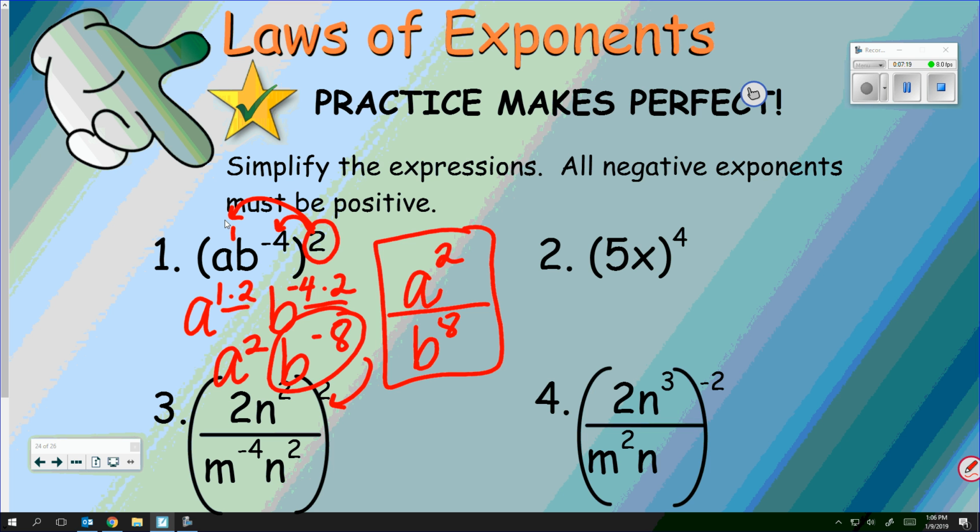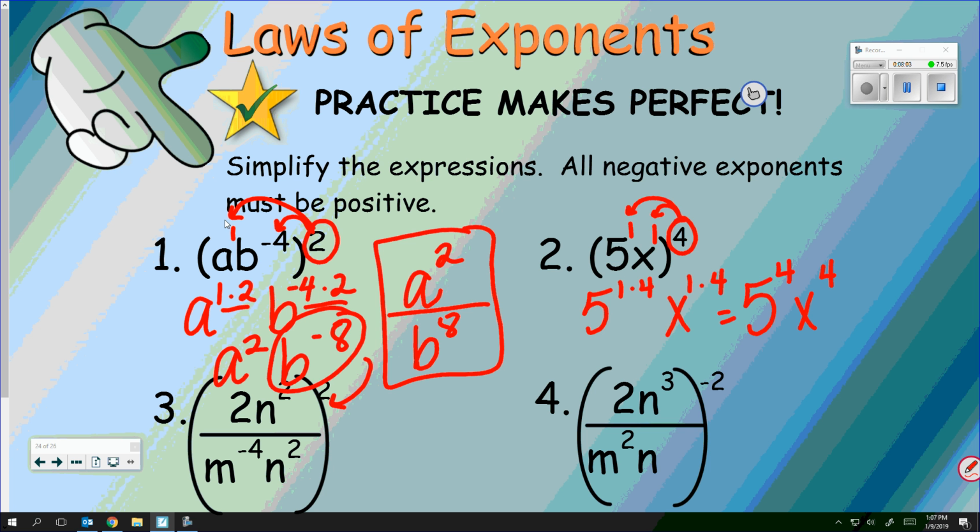Okay, for number 2. Do all of our terms have an exponent? No, we don't. Neither one of them do, actually. So we're going to add a 1 as an exponent to that 5, and a 1 as an exponent to x. So now that all of our terms have an exponent, we're going to take this 4 and distribute it to both of those terms. So we have 5 to the first power times that 4, and x to the first power times that 4, which gives us 5 to the 4th power x to the 4th power.